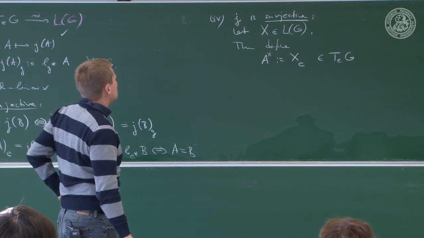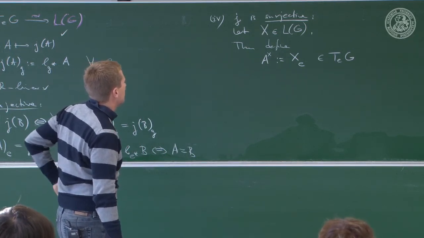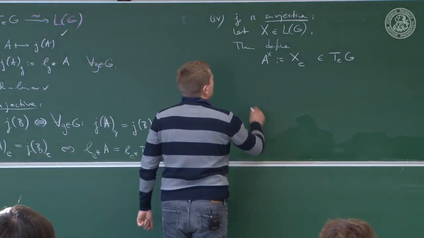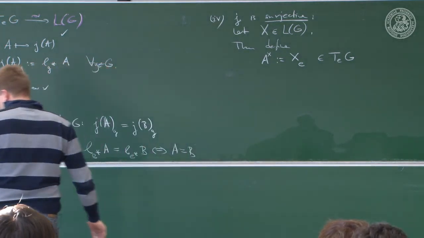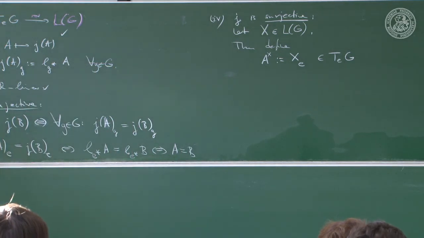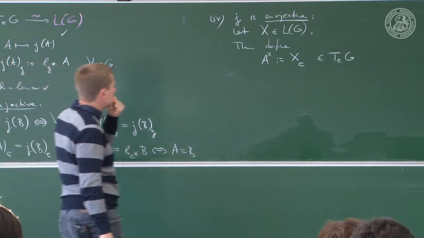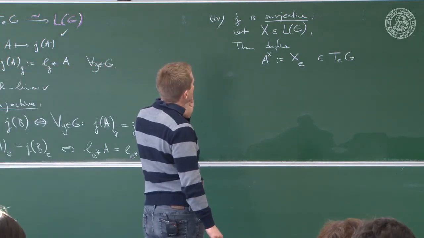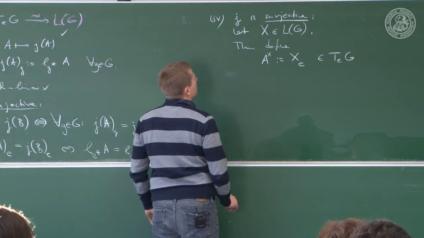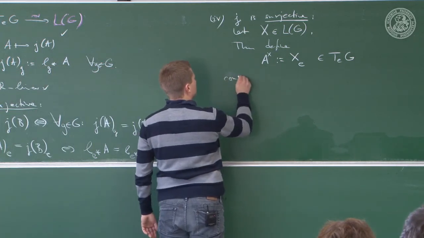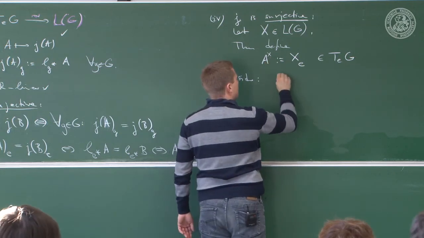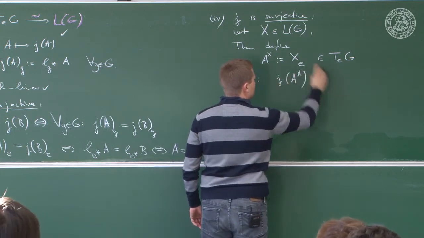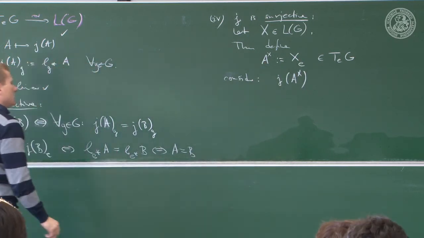Now I need to hit that element. Well, how do I know I hit it? Anyway, I do this, and now I consider, my idea is that the J of this AX reproduces this X. JAX.